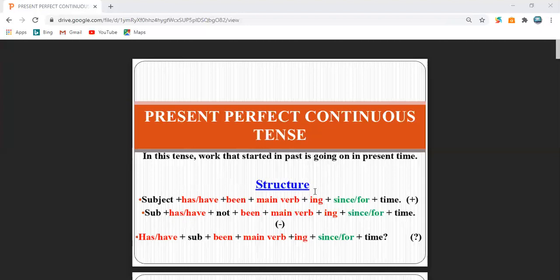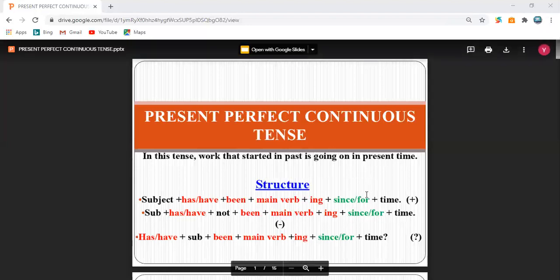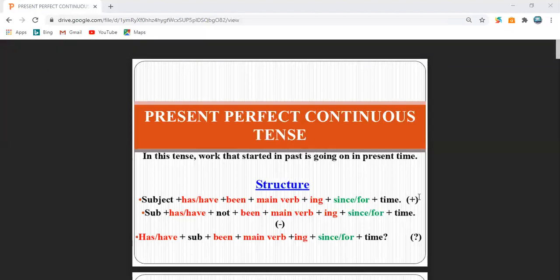Another very important thing to remember is that there is always a time present in present perfect continuous tense, along with the prepositions since or for. Either we can use the preposition since before time or the preposition for. This is the structure of the positive sentence of this tense.